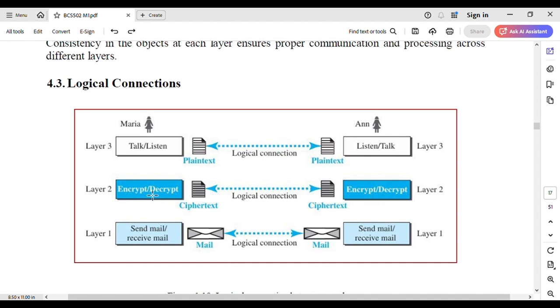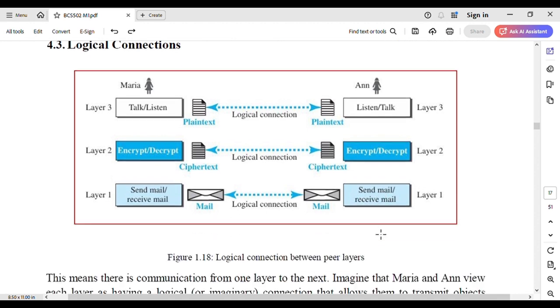So layer 2 of the sender and layer 2 of the receiver have identical objects. Similarly, layer 1 of the sender sends a mail, and layer 1 of the receiver receives a mail, so these are identical objects at layer 1.